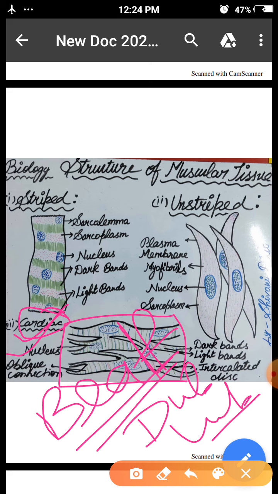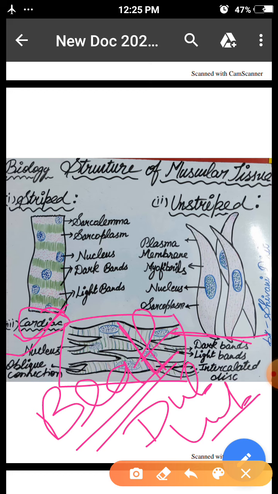Why are they involuntary? Because they work by their own wish. Our heartbeat is done by the cardiac muscles itself. If we want to stop the activity of the heart, then we cannot, right? So that is why they are called involuntary muscles also.